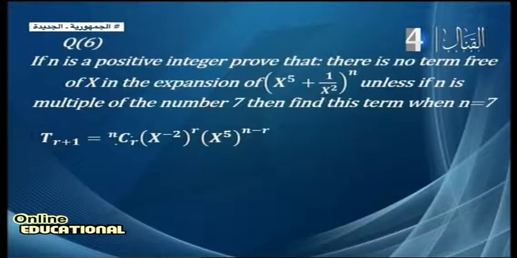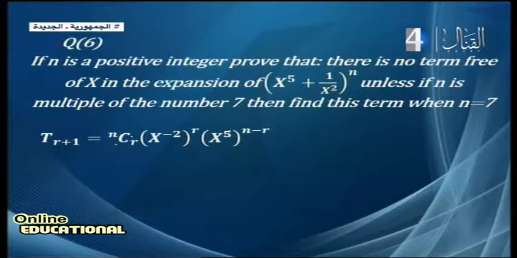What is the second term? 1 over x square equals x power negative 2, to the power r. The first term is x power 5, to the power n minus r.